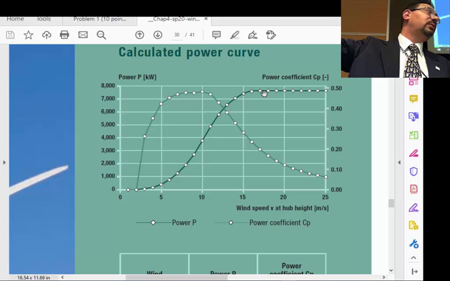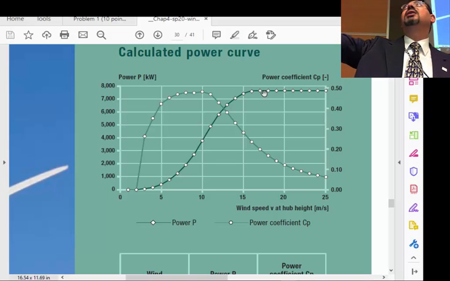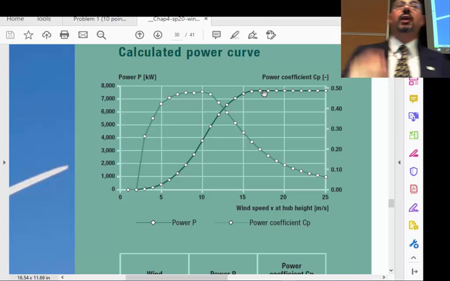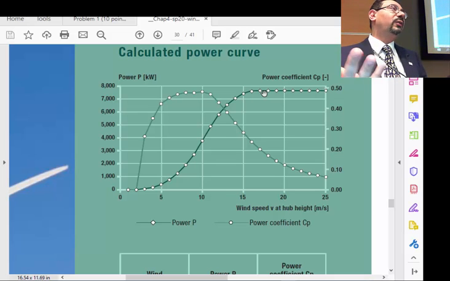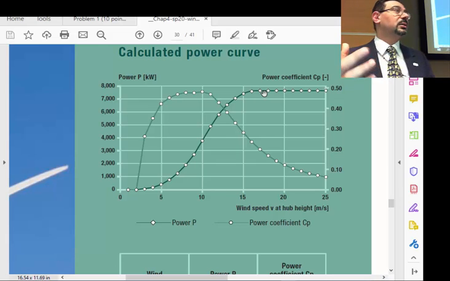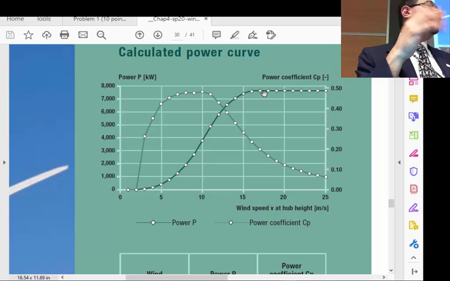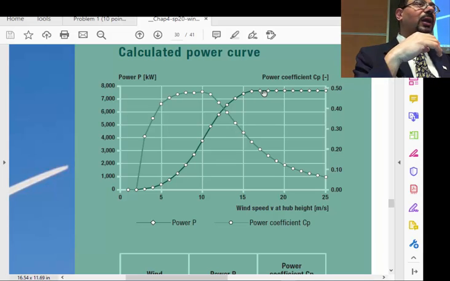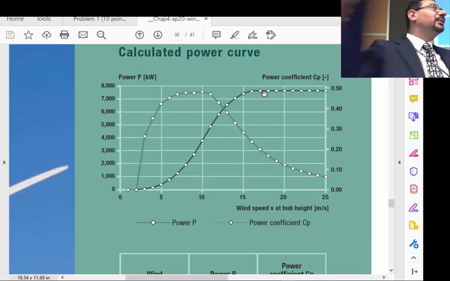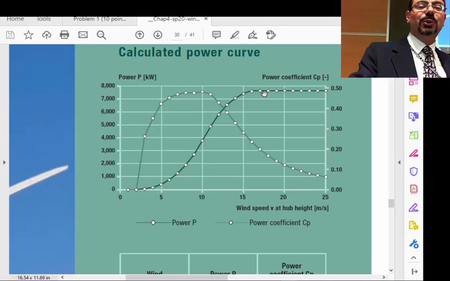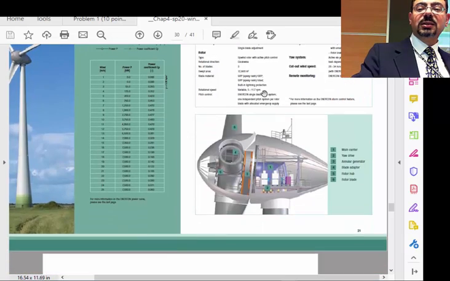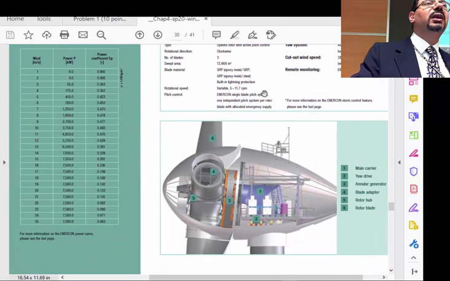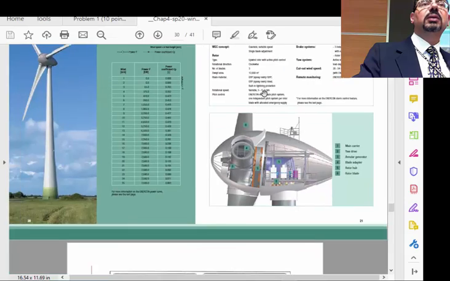Can my 450 horsepower car, if I keep hitting the gas more and more, get more than the 450 horsepower? Unfortunately not, because the whole thing will break apart if you deliver that more power. Can I put nitro in the engine? No, the thing will explode. So the generator, the gearbox, the wires, the cable, everything is designed for that rated power.